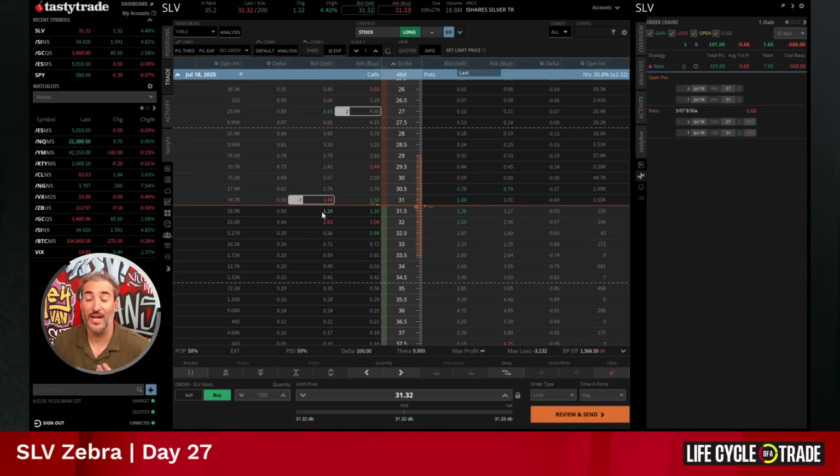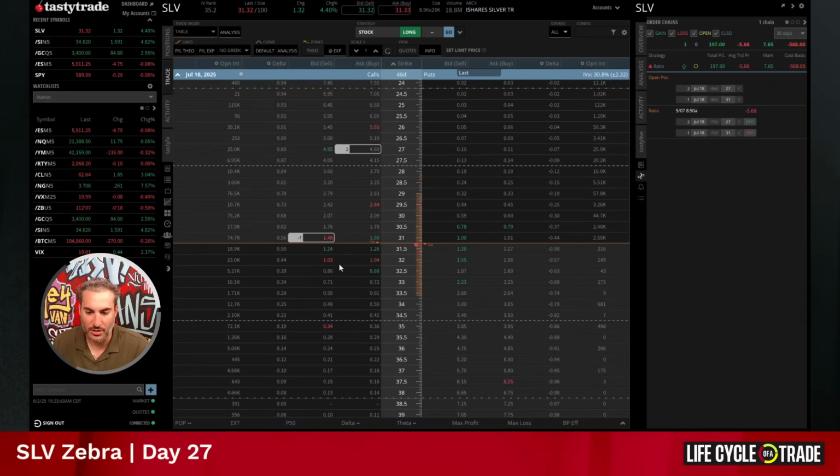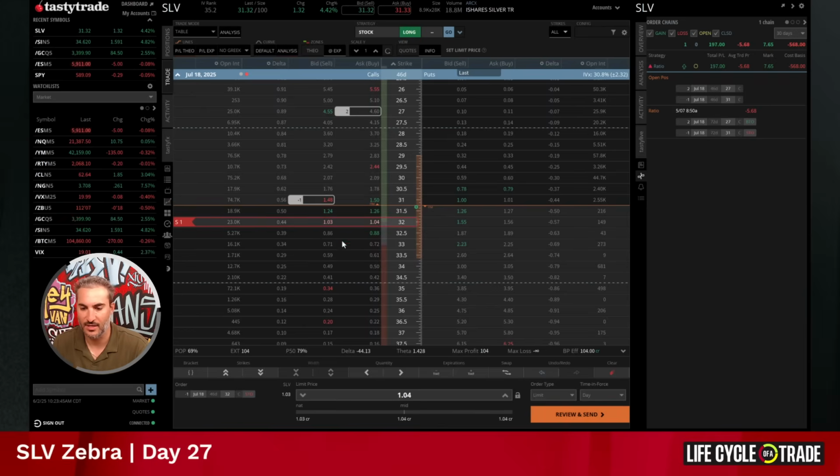Some other flexibilities that you are allotted here is that you are synthetically long stock, so you have an extra call that you could sell. So if you really wanted to, you could sell something like the 32 strike call here, and that won't use any additional buying power. When we click the call here, you can see it actually gives you buying power relief because you're selling premium here.